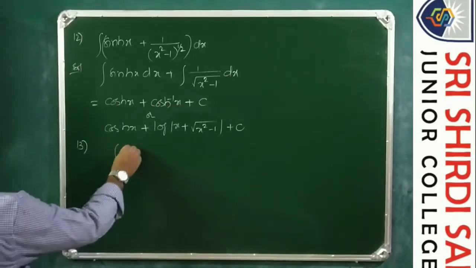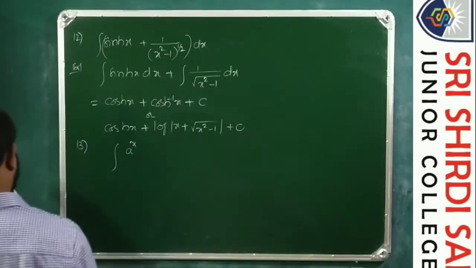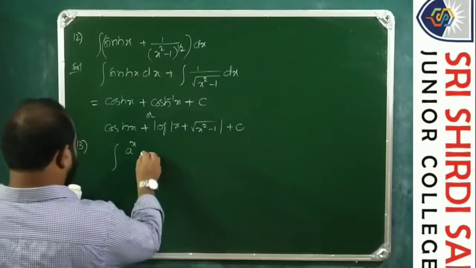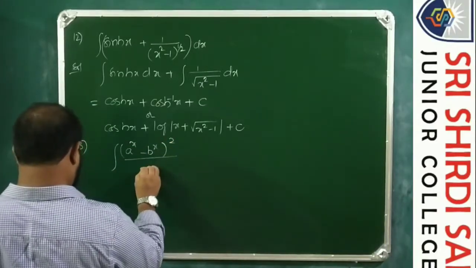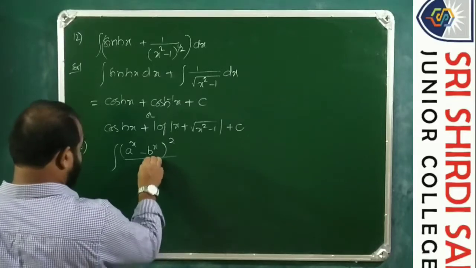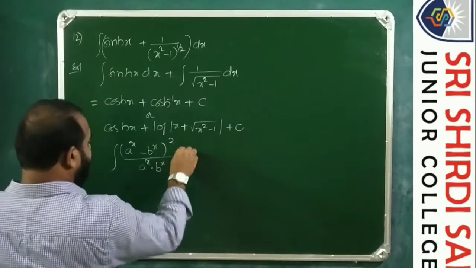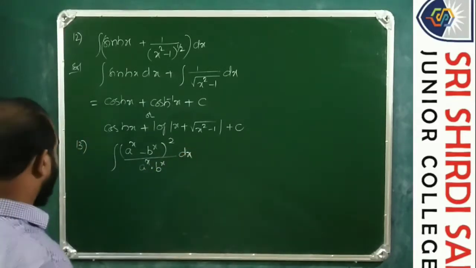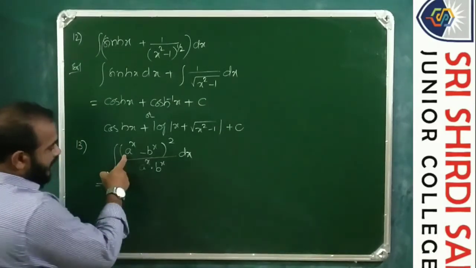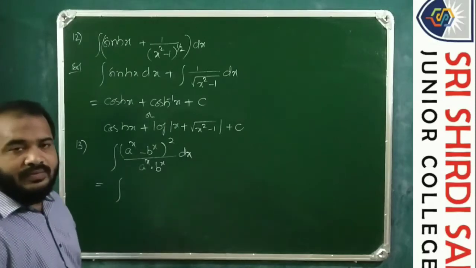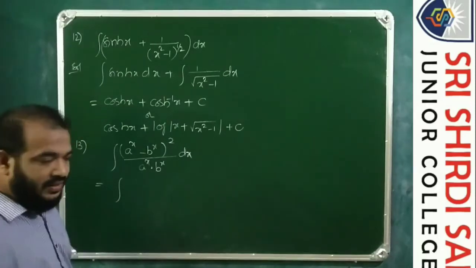The next one is integral (a^x − b^x)² by a^x into b^x dx. So this is equal to, this is (a − b) whole square, a square plus b square minus 2ab.